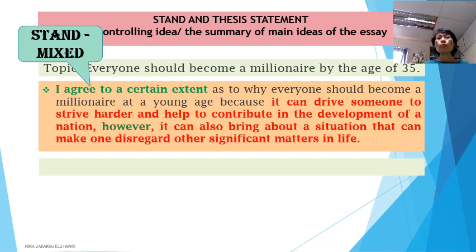However, it can also bring about the situation that can make one disregard other significant matters in life. Here you can see the stand is clearly stated, on how you agree to a certain extent.